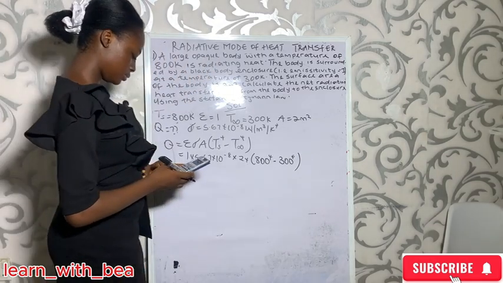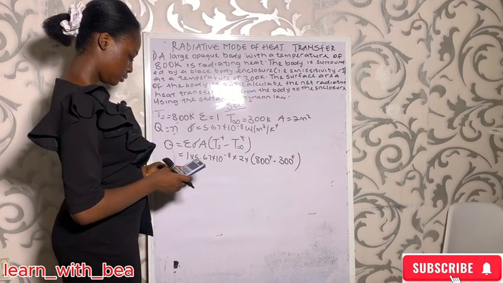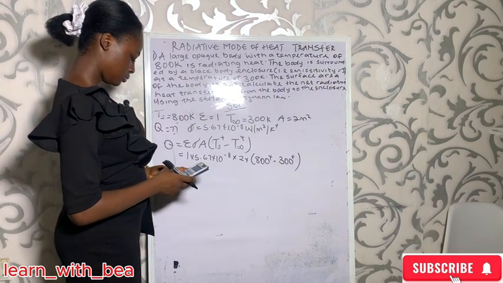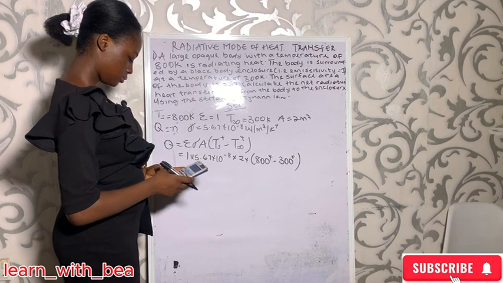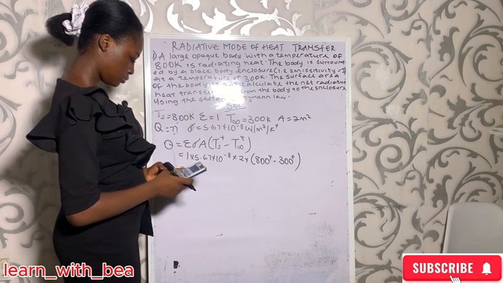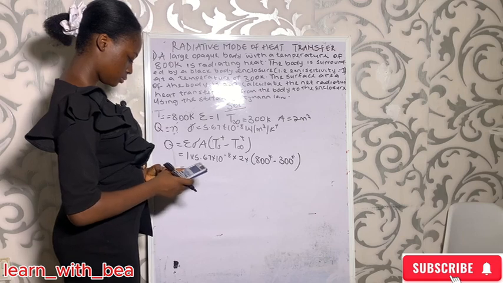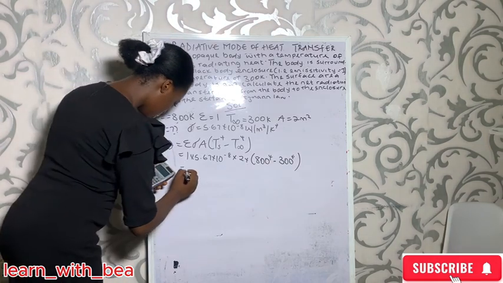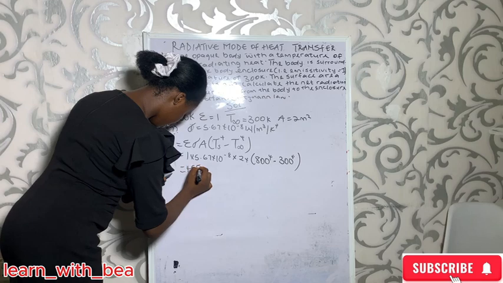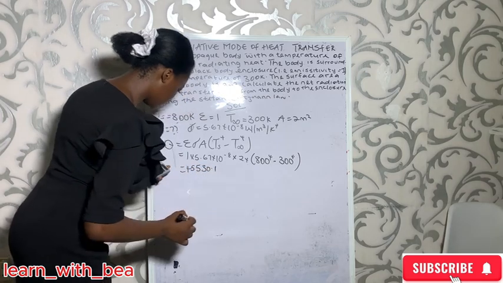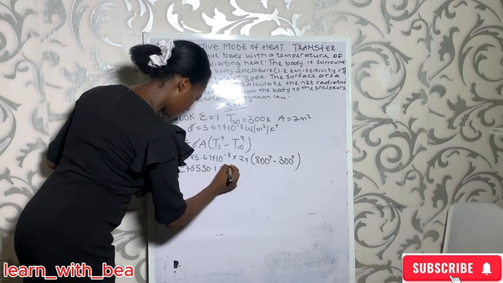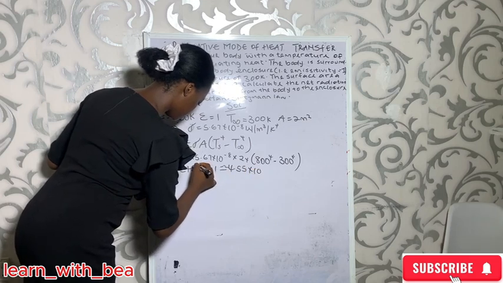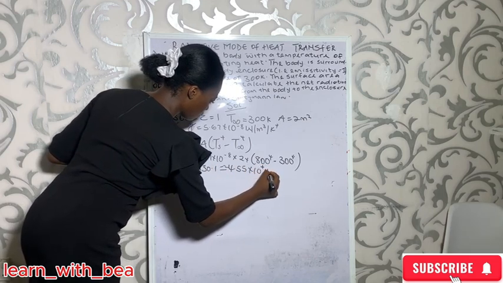And what's our answer? So our answer is 45530.1, which is 4.55 times 10 raised to the power 4 watts.